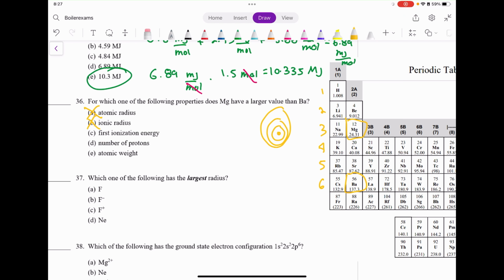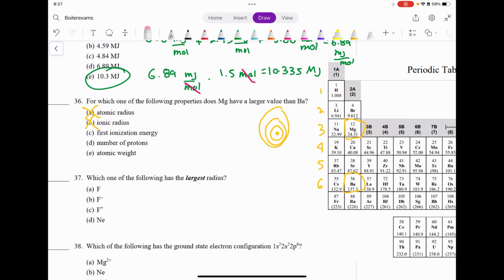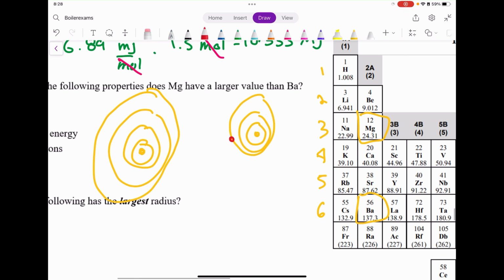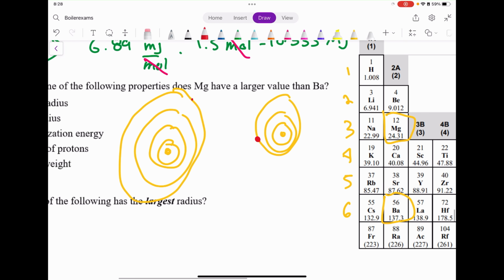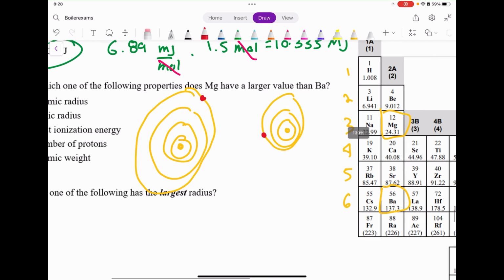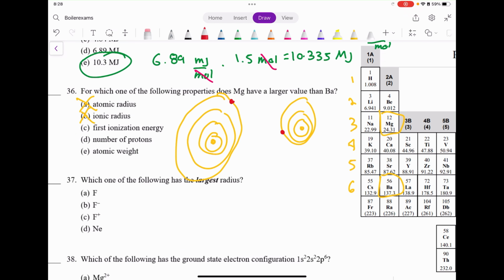Higher first ionization energy. This is true. So maybe I should go back actually to my hyperbolic. Okay, that's barium. It is a lot harder to remove an electron that's this close than something this far away. So barium's outermost electron, which would correspond to the first ionization energy, is much farther away.